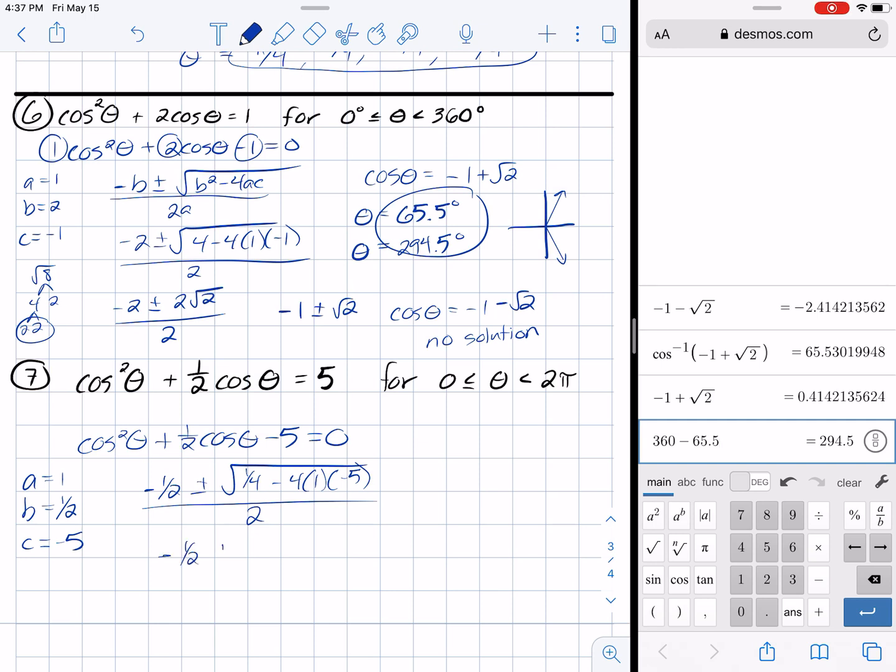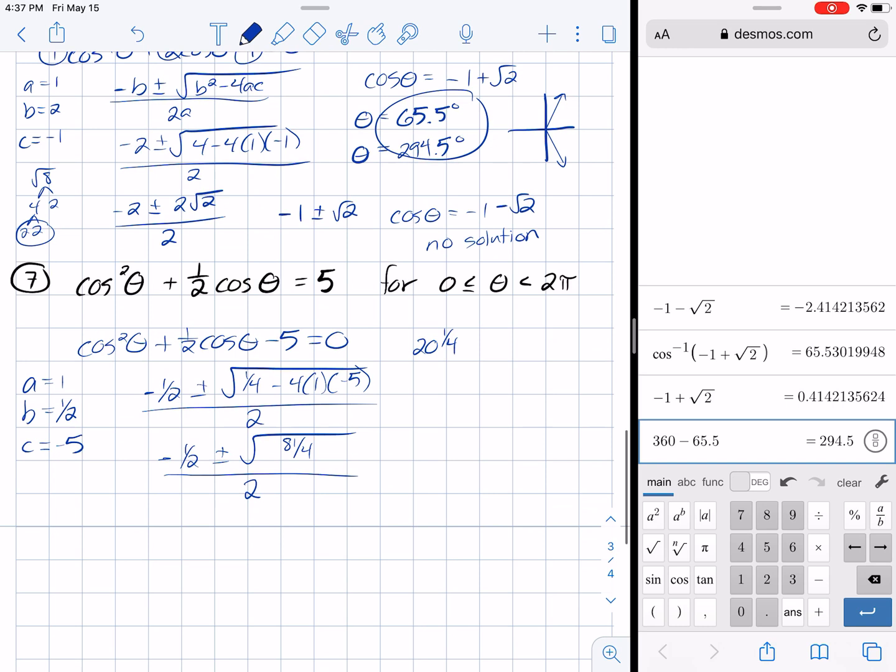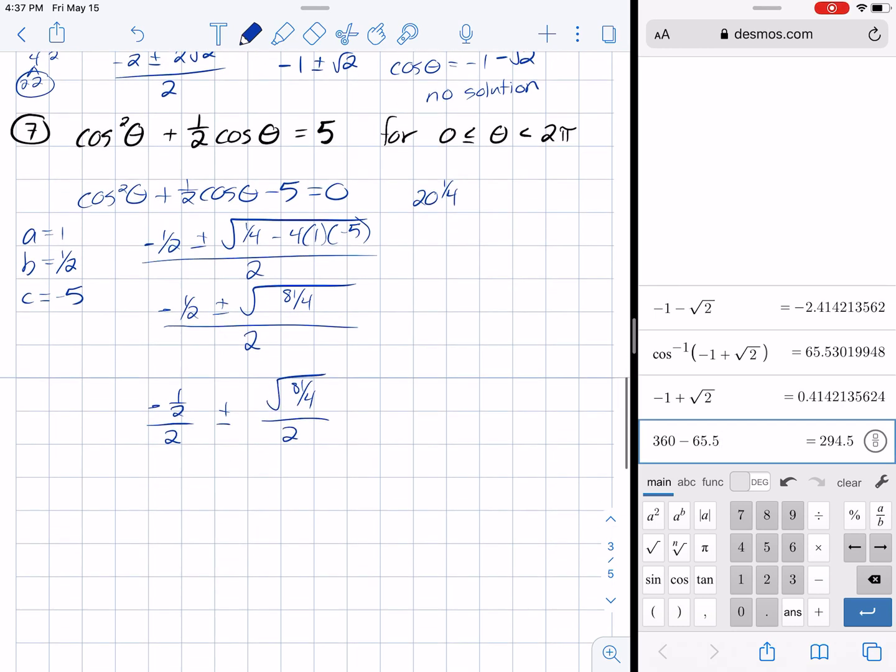So negative 1/2 plus or minus the square root of 20 plus 1/4. So that's 20 1/4. I'm just going to rewrite that as 81 over 4. 20 1/4 is 81 over 4. I'm going to keep it as an improper fraction over 2. Okay, let's rewrite this now as negative 1/2 over 2 plus or minus the square root of 81 over 4 over 2.